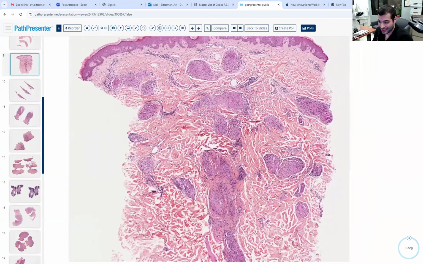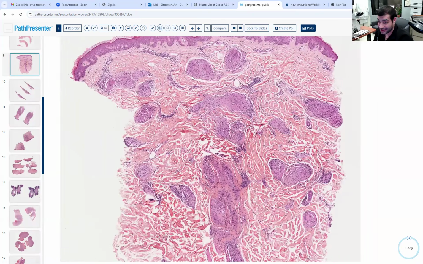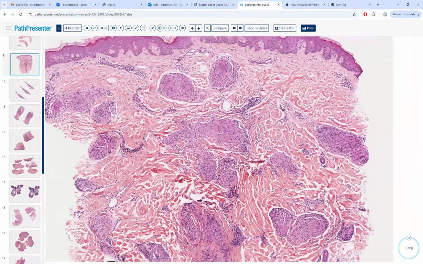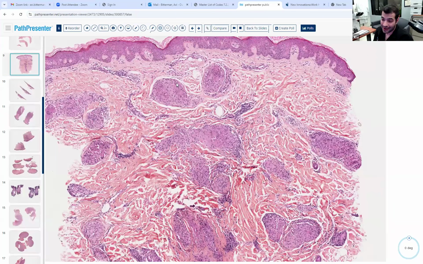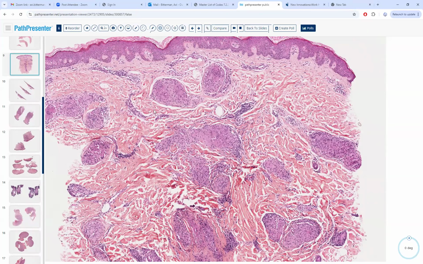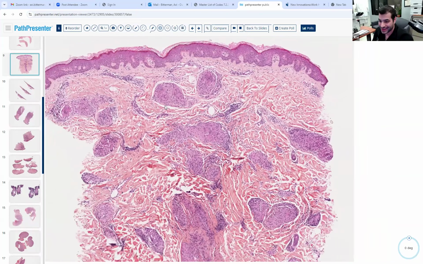Okay. What's another word for that? So these types of granulomas. Non-caseating. Okay, they also are non-caseating. That's true. They don't have lymphocytes surrounding them and they're non-caseating. Sarcoidal. Sarcoidal, yes. They are sarcoidal granulomas.